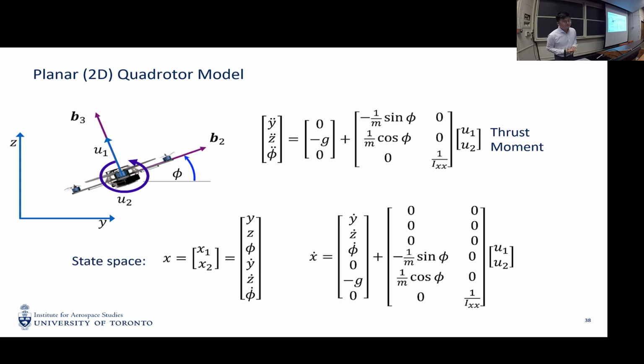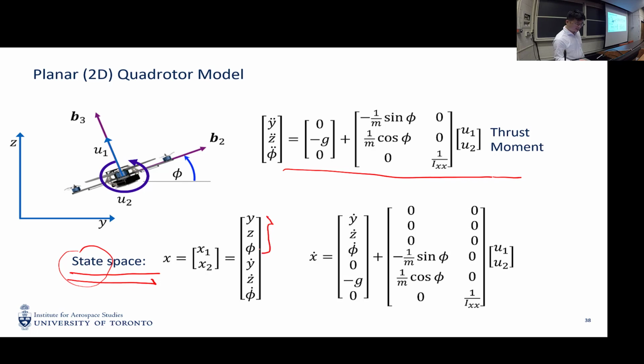Okay. So then we write the entire system into a so-called state space format. So the entire state consists of the position P, and this is the V. So the entire state consists of the position as well as the attitude of the quadrotor, and also the velocities of the quadrotor.